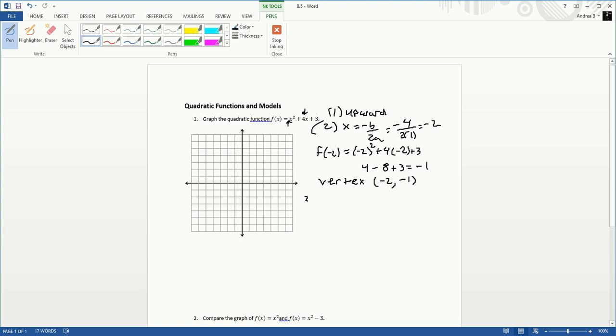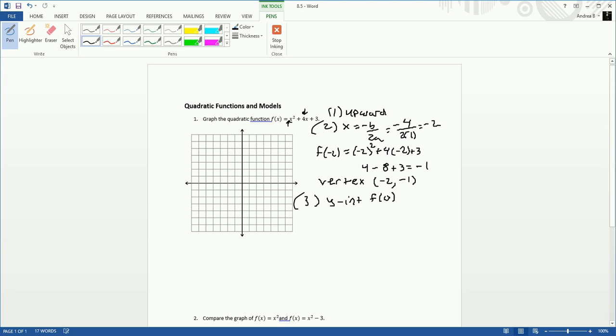Next thing is to determine what our x and our y-intercepts are. We'll do the y-intercept first, so that's a little bit quicker. For the y-intercept, you just plug in 0 for x. So in this case, we'd be doing f of 0 in terms of our function notation.